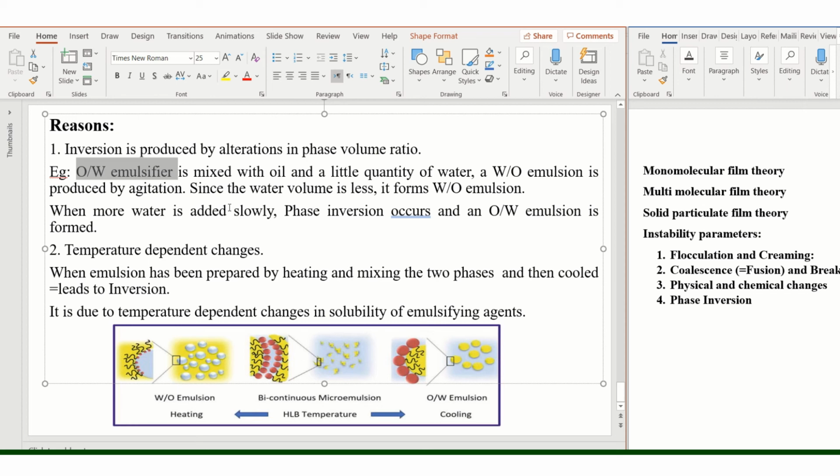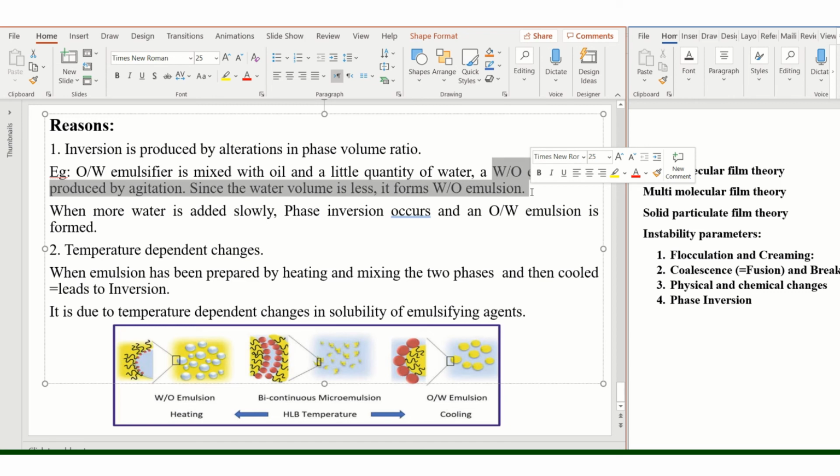But if there is a little quantity of water and a larger quantity of oil phase when compared to the aqueous phase, it supports water in oil, because since the water volume is less, it forms a water in oil emulsion. Obviously, the greater proportion of the phase will tend to be the external phase, right?